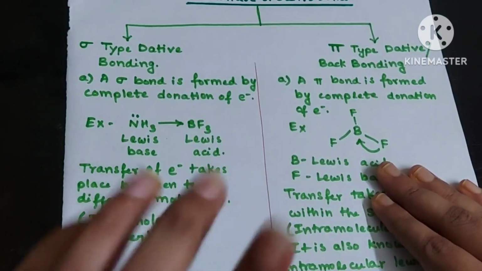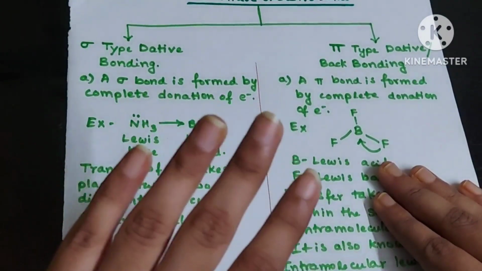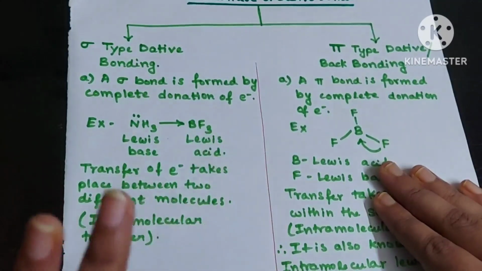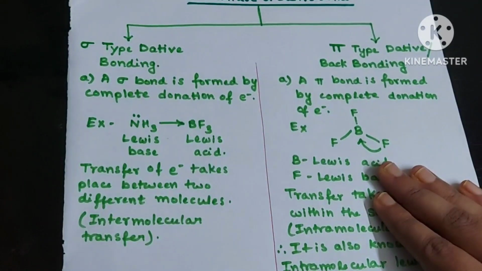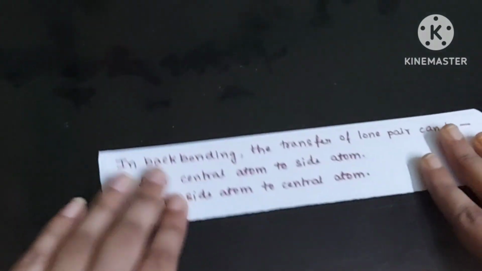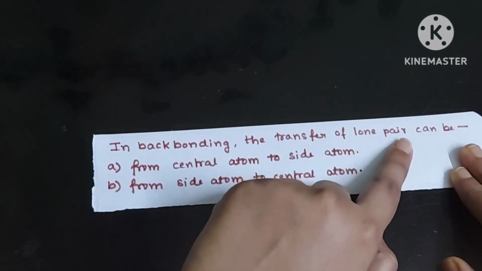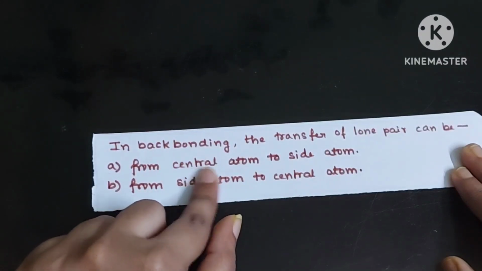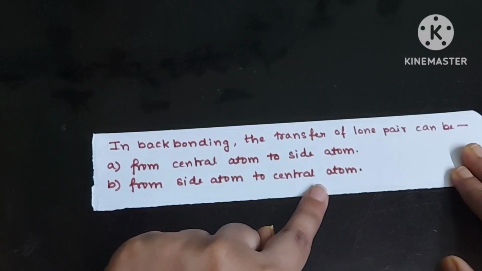Remember always that in back bonding only pi bond is formed. Okay, sigma bond will never form in back bonding. Due to back bonding only pi bond is formed. Okay, then in back bonding, the transfer of lone pair can be from central atom to side atom or from side atom to central atom.